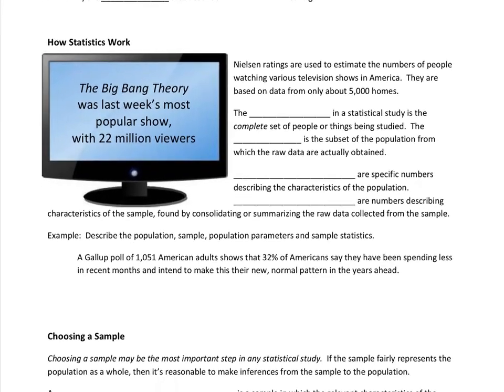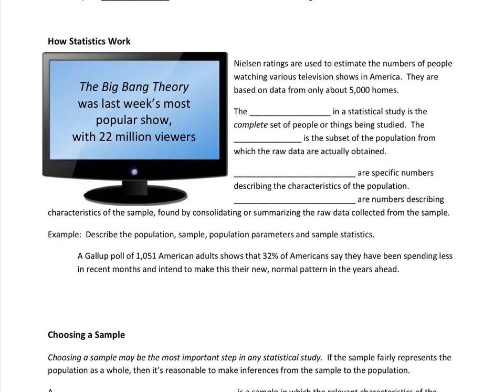So we'll take a look at the first example, how do statistics work? Some of you may or may not be familiar with Nielsen ratings. It's basically just a rating system to measure how popular shows are. For example, you can see here, The Big Bang Theory was last week's most popular show with 22 million viewers.